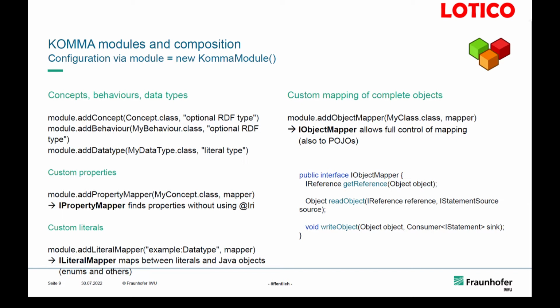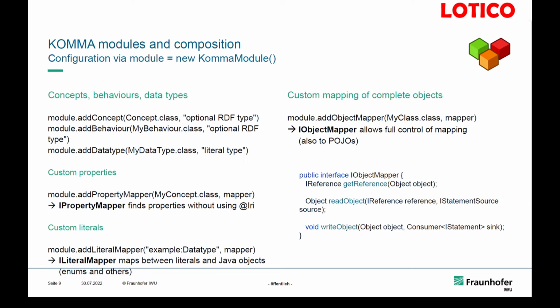You have to implement three methods: the getReference method that gives a blank node or a URI for a Java object, and you have to implement the read and write object methods, and those methods can either get a statement source or a statement sink. There you can pull the statements from or push the statements to.